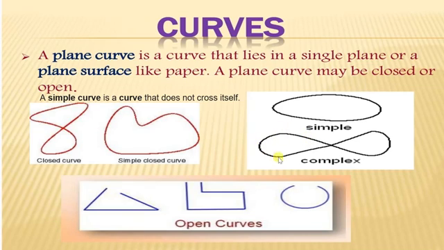This second curve is a complex curve because it crosses itself at this point. Similarly, in these figures, the first one is a closed curve, but it is not a simple curve. It crosses at this point. The second one is a closed curve and it is simple also because it is not crossing itself at any point.